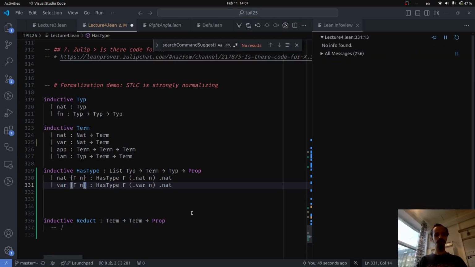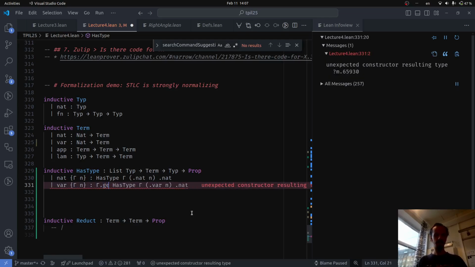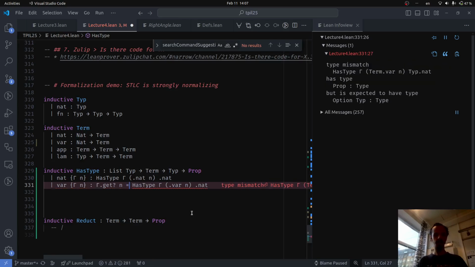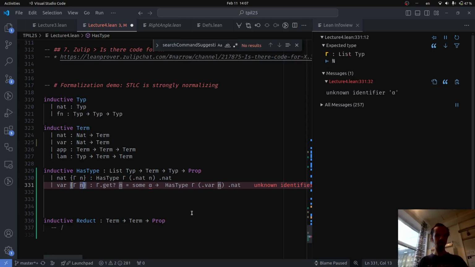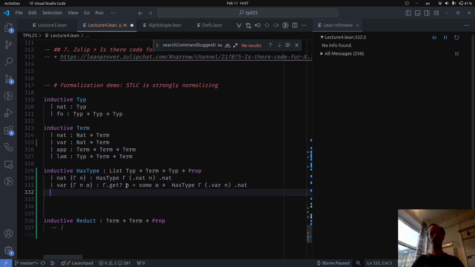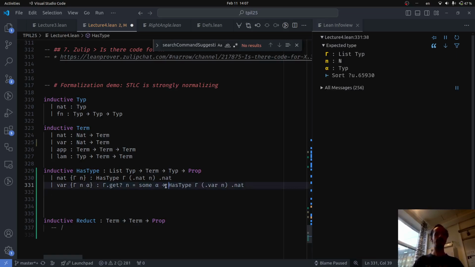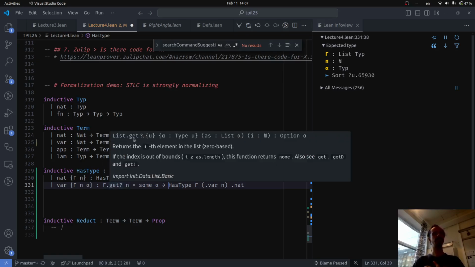So if gamma.get n is alpha, some alpha. So we have a type, so you get a variable in the context, and this get is returning an element of the list.